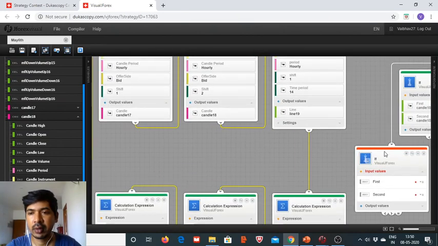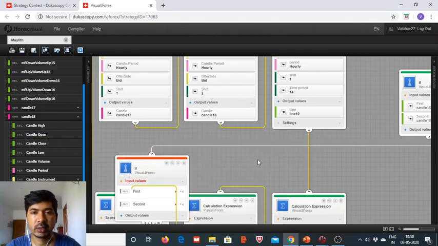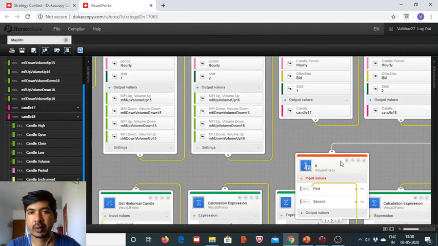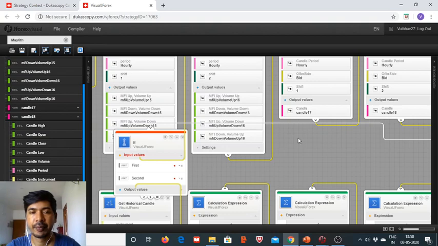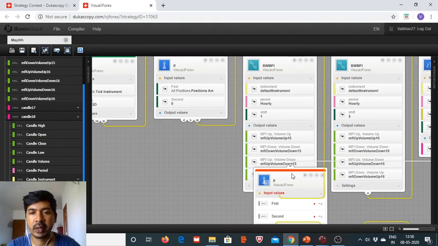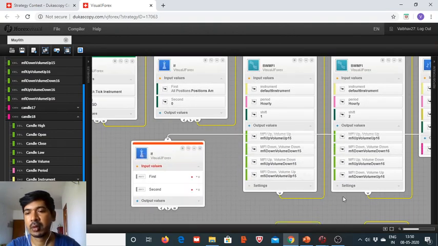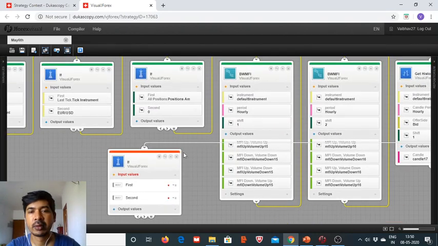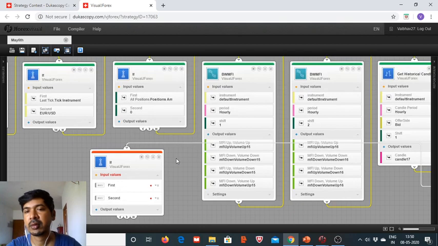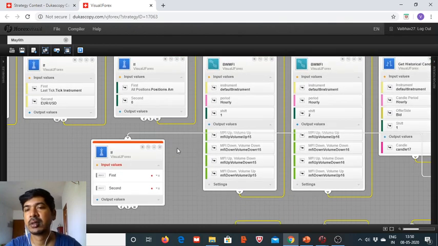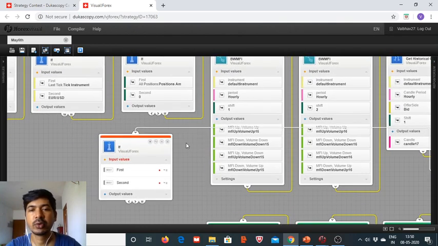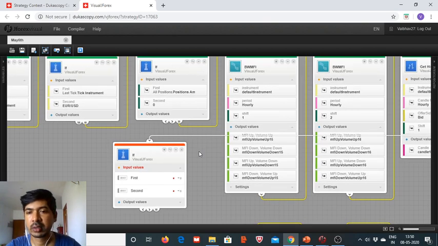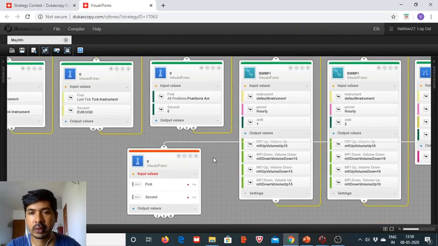Okay, now it's time to turn our attention to BWMFI, and for that we need to take hourly shift 1 and shift 2 these blocks values.